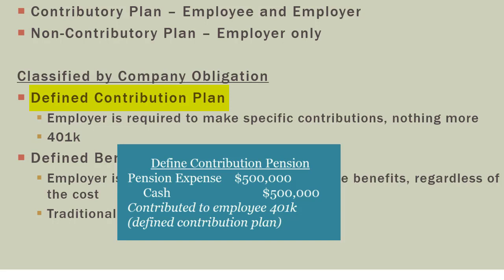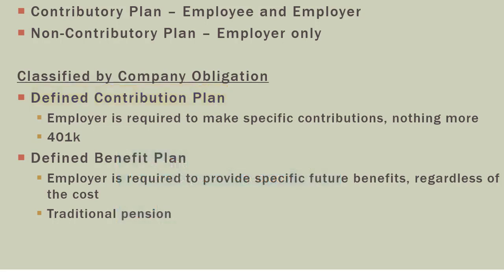It's just, again, a debit to the expense and a credit to cash, and that's it. So when you think 401k, not only does it reduce the company's obligation, but it also reduces the accounting because there's no ambiguity. A specific amount of money goes out of our accounts and into your account that you're saving, and we're done. The other kind of pension is what we call a defined benefit plan. Now, defined benefit plan is what we typically think of as a pension.